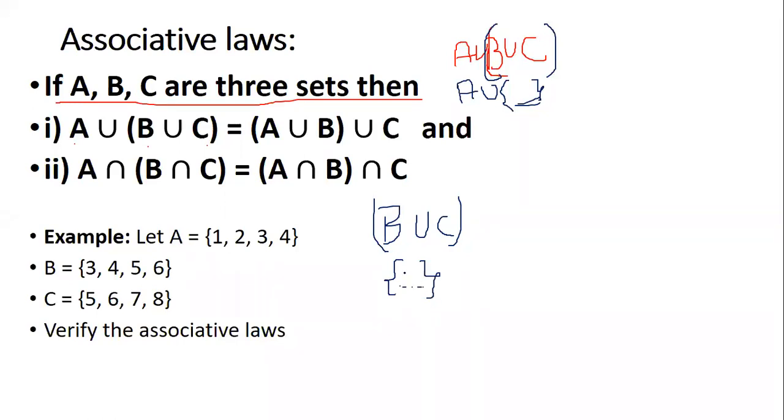Now, after getting that set, we take the union with A, which we already know. So A union (B union C), that is A union B union C. Clear? Did you understand the first law?